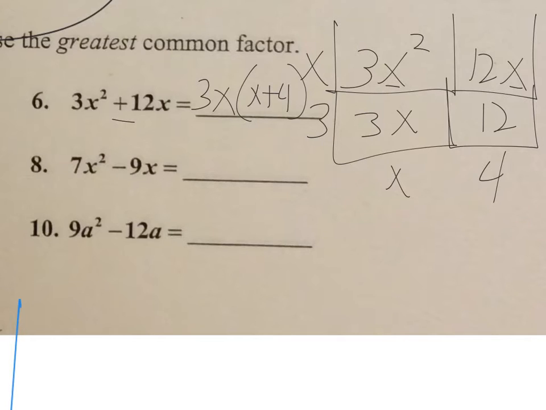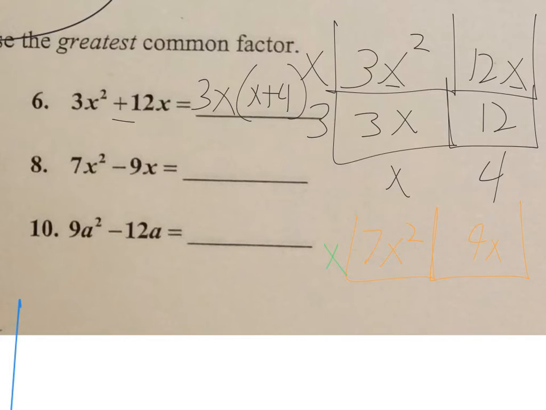Alright, 7x squared minus 9x. I need to figure out a common factor. I'm going to change colors because I don't think that orange is a very good one. Let's see if this green works any better. I can take out a factor of x.